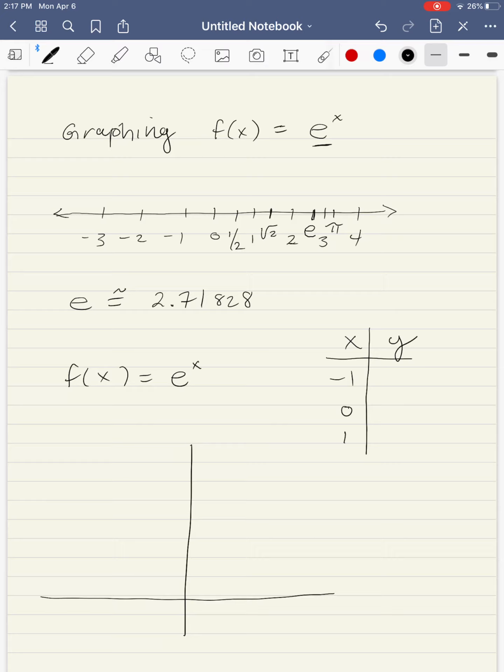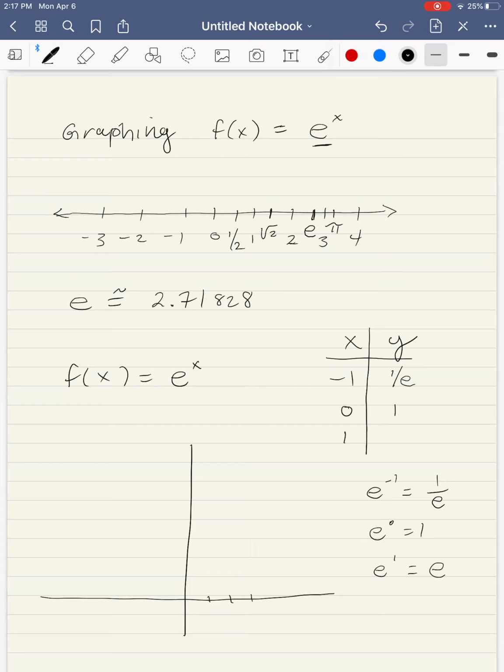If I let x be -1, then e to the -1 power, remember it's 1 over e. If x is 0, that's equal to 1. And if x is 1, e to the first power is just e.